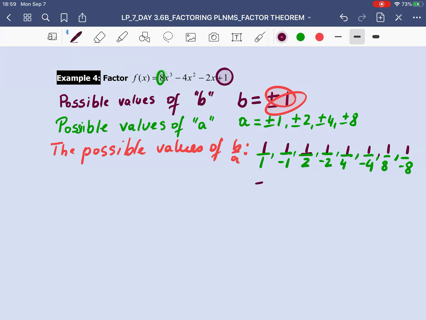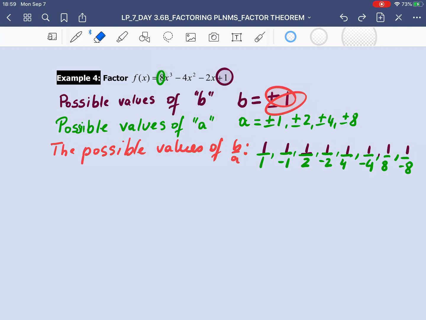The next one is negative 1 divided by negative 1, so we get the same thing. So what is happening here is a very similar alternation of the signs, which means we should stop at this point and be happy with the values of b over a that we have listed here.